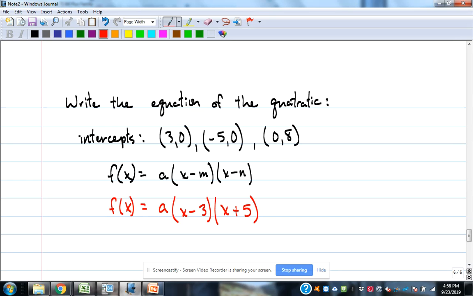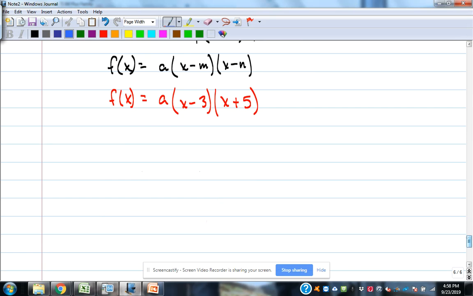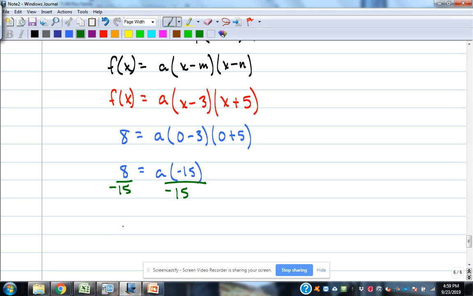So if I take this problem and I plug in 0 for x and 8 for y, a is times -15, divide by -15. I get a fraction. That's okay. -8 over 15 doesn't reduce.